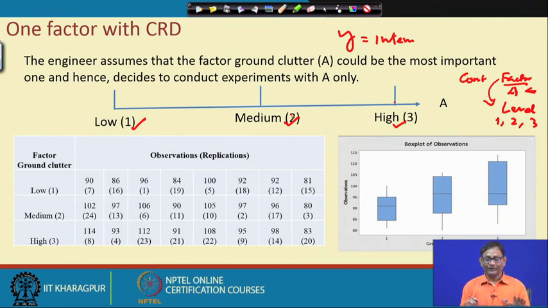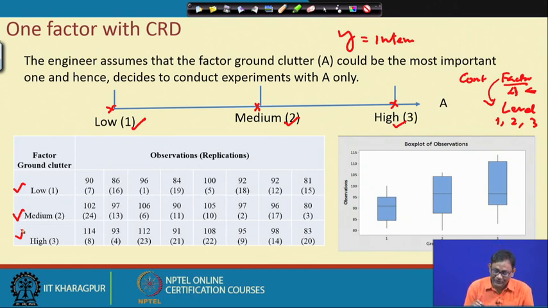So, then you have to conduct an experiment. There are 3 settings, please keep in mind: low, medium and high. So, these 3 levels, one factor. So, 3 independent or distinct experimental settings: low, medium and high.